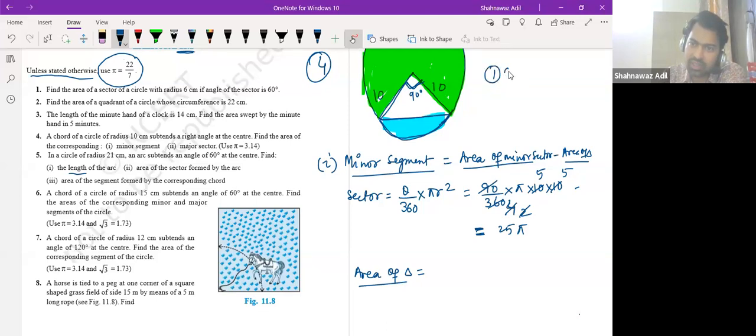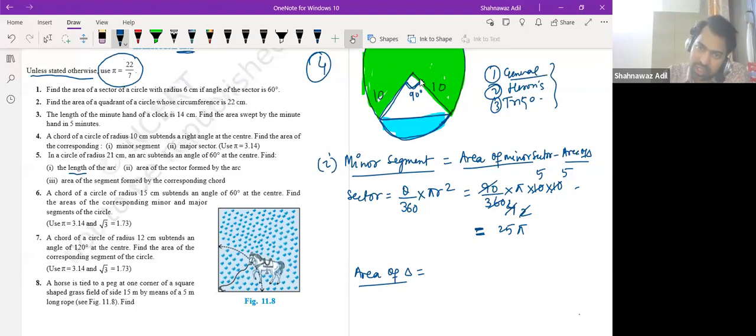One is the general, the other one is Heron's, and the third one is the trigonometric one. We can use any one, right? Heron's we cannot use here, but we can calculate it. So which one will we use? General formula, right?